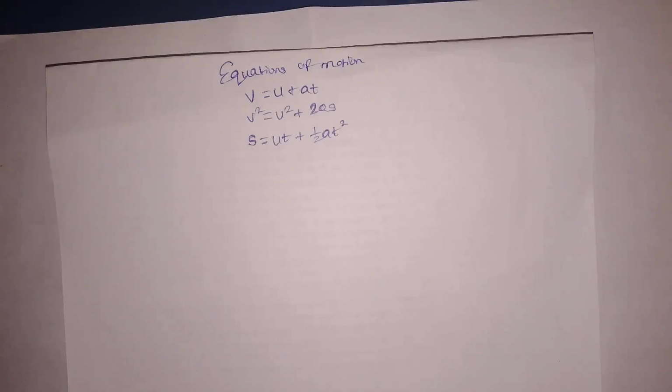Move to equations of motion. Now there are basically three equations of motion, but sometimes you see in your textbook that they are four, but basically there are three equations of motion.